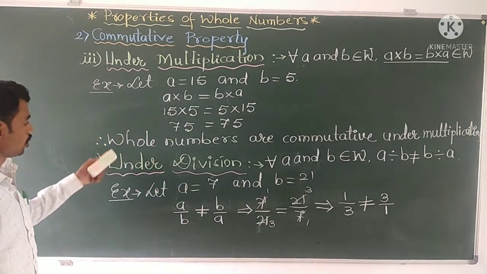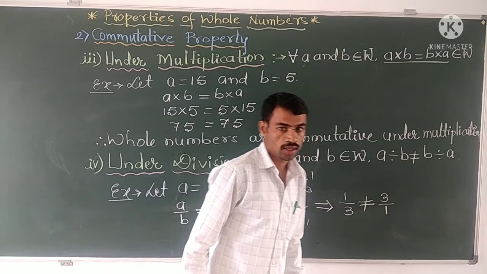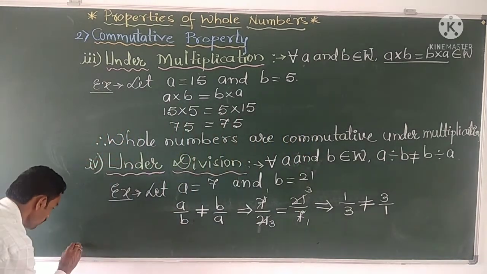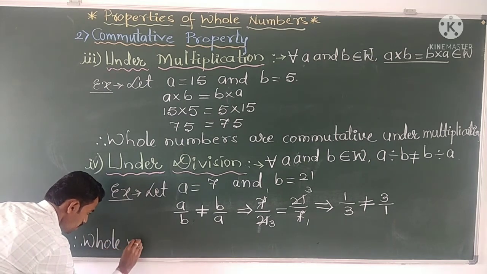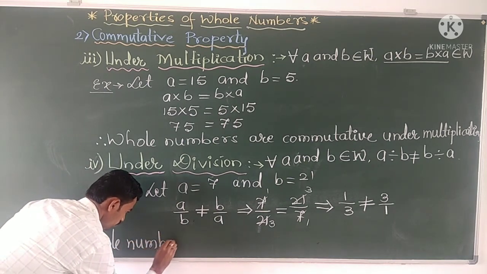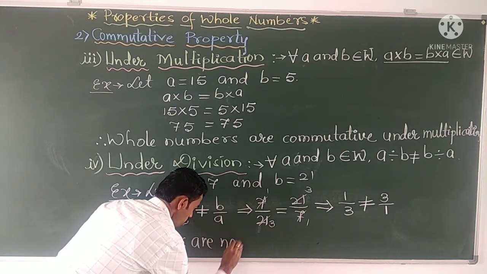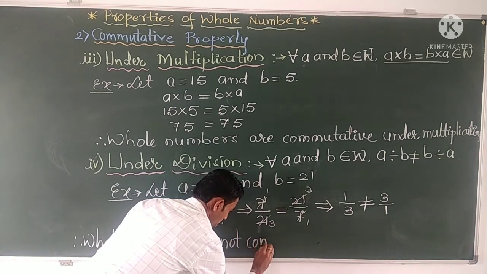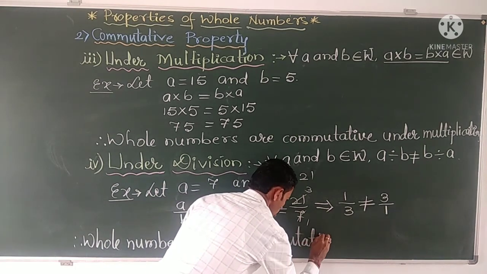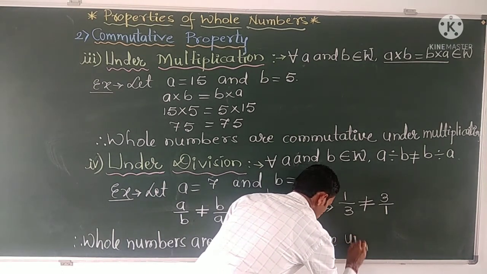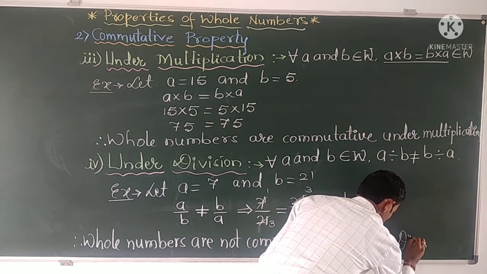It shows that whole numbers are not commutative under division. Therefore, whole numbers are not commutative under division.